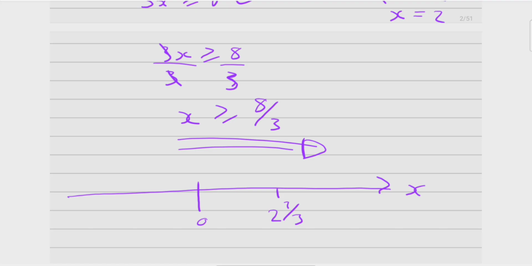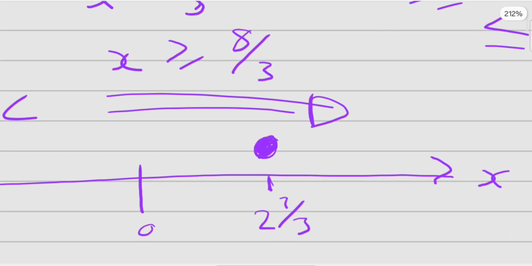And because it is a greater than or equal to sign, we put a circle right above this number and we shade it. So we always shade for greater than or equal to and less than or equal to, right? And we leave this circle blank for greater than and less than, right? So for this particular one, we shade, right?